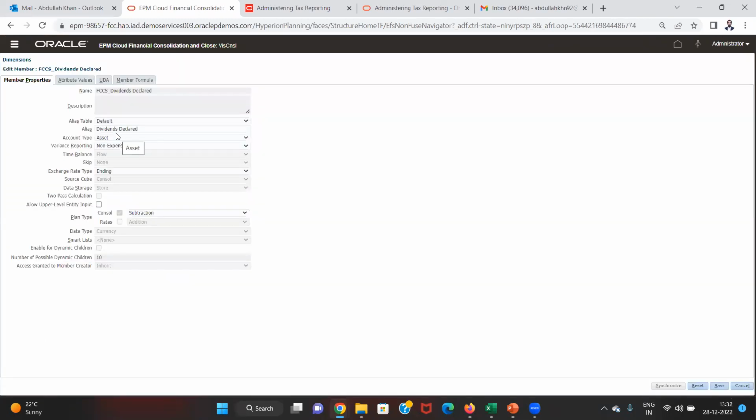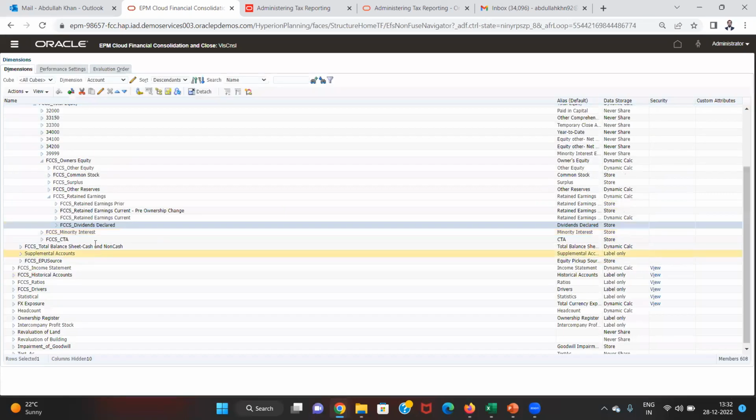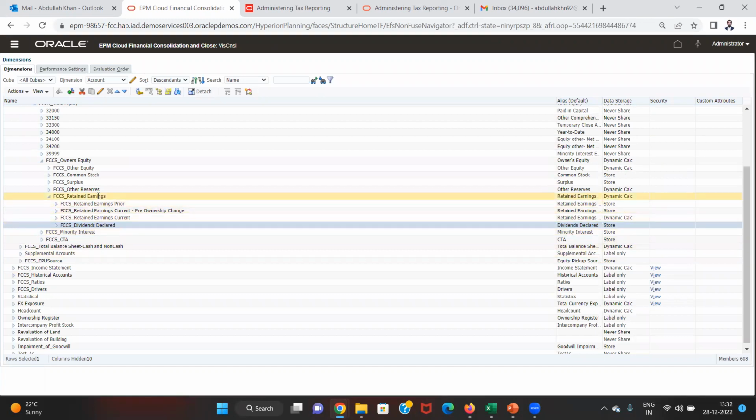However, the account type for this dividend declared as per the application, which is predefined, is an asset type account, and the plan type under console is subtraction. So ideally, it should subtract this 5,000 that we have input under the dividend declared while calculating the retained earnings under C602.